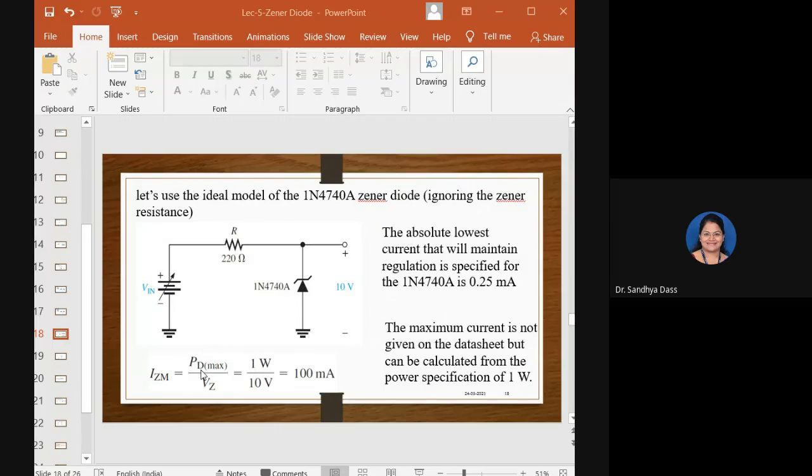PD, which will be given in the data sheets or in the problem, generally it will be given. Okay, if it is, say, 1 watt, 1 watt by 10 volts will give us 100 milliamps. So this is our maximum Zener current. Are you with me? Are you with me so far?